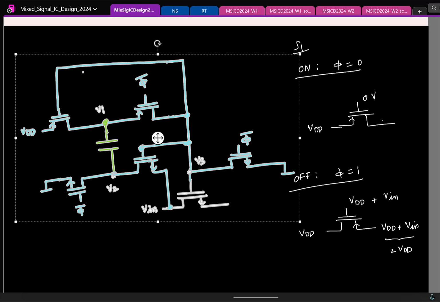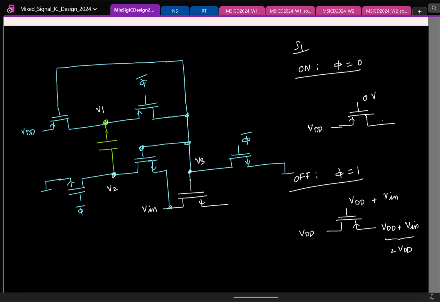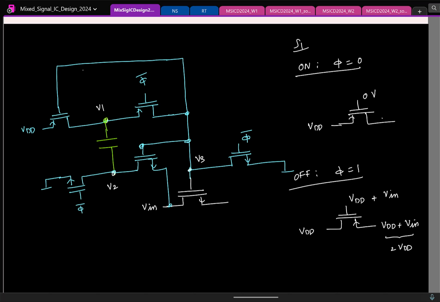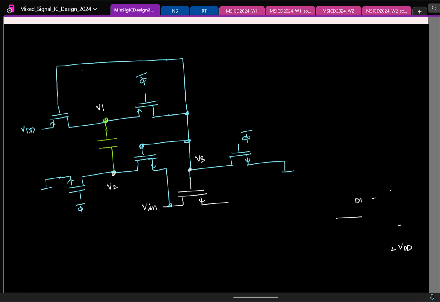So this is, I can't copy paste it. So this is the final switch, and remember the main sampling switch is the NMOS in white.